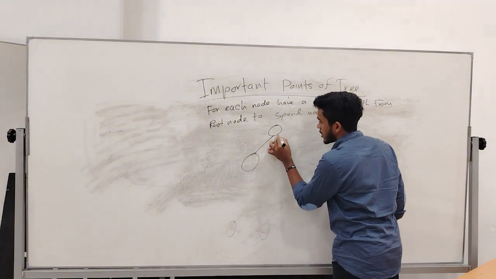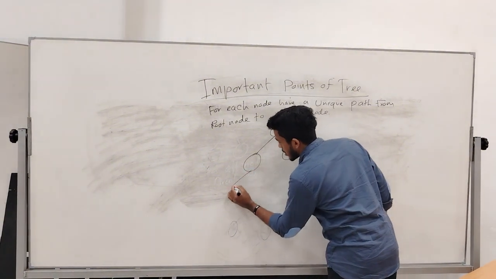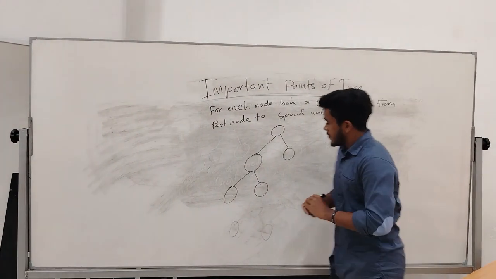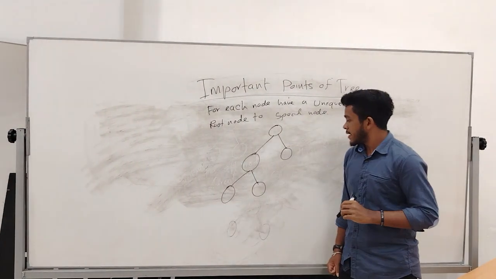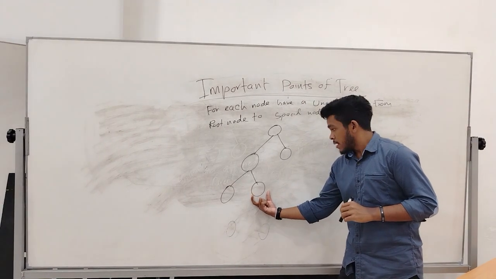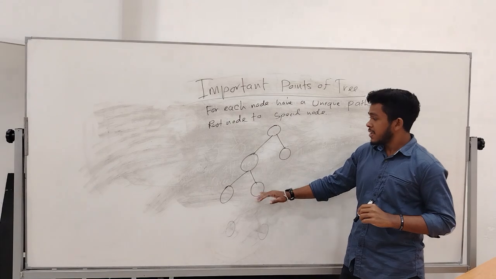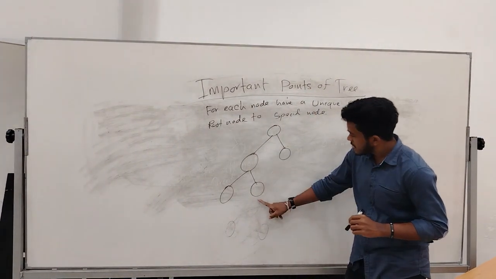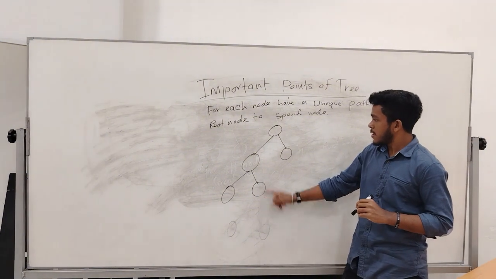For example, if we take the depth of this node, depth means the length from the root node to this specific node.